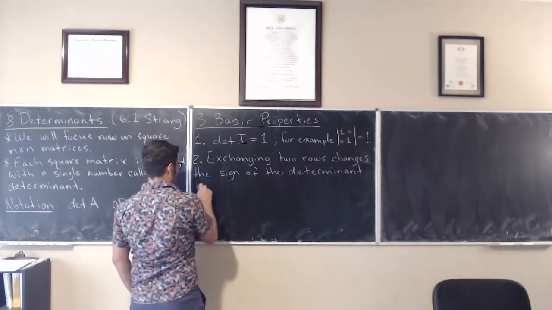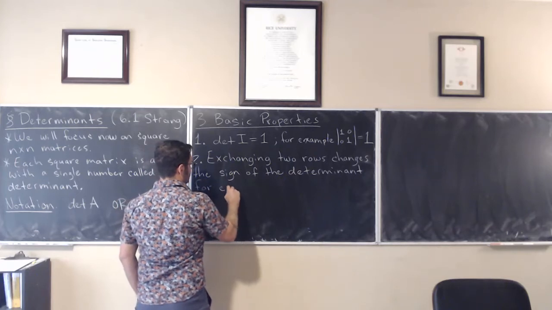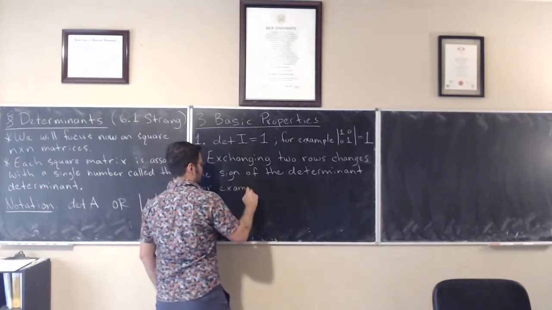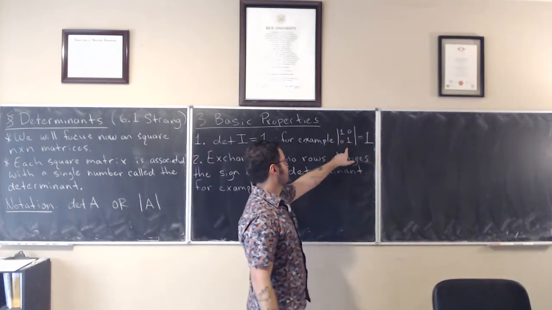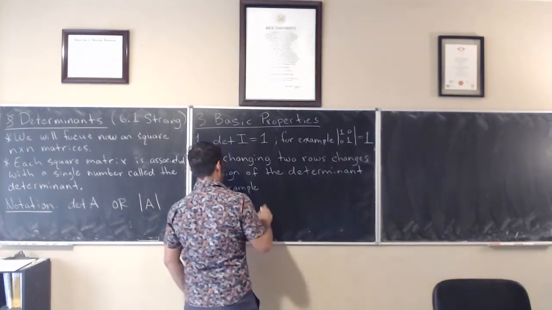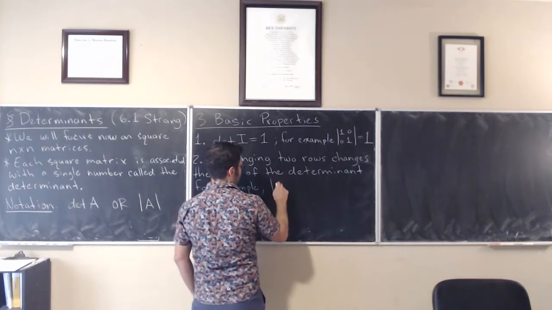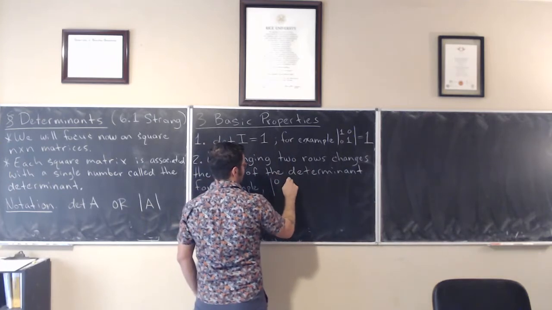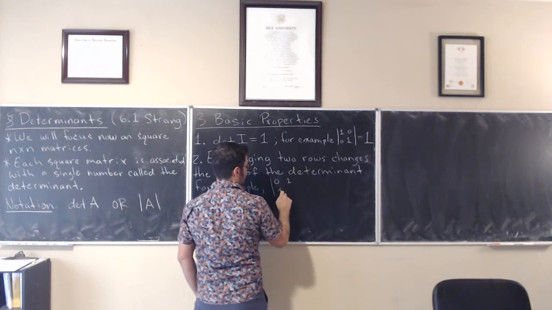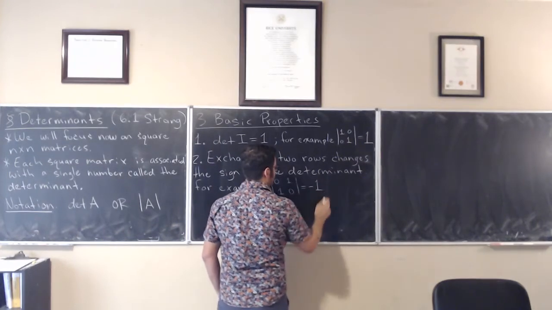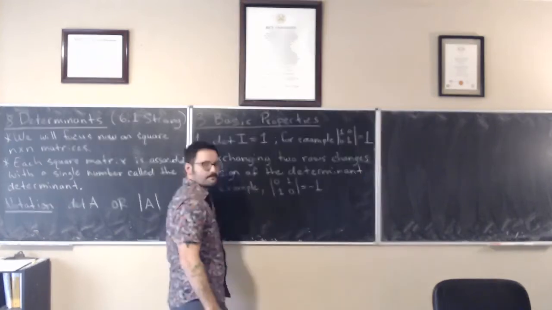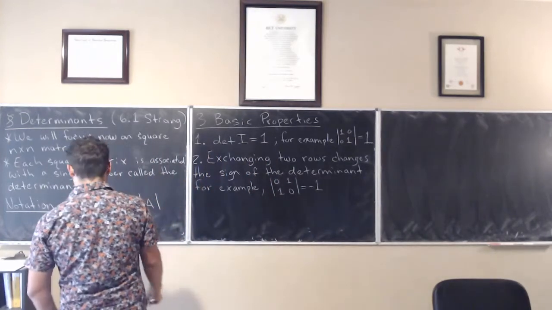So, for example, we know that the determinant of the 2 by 2 identity matrix is 1. So we know that the determinant of the 2 by 2 permutation matrix is going to be -1, because we just interchanged those rows. Okay.